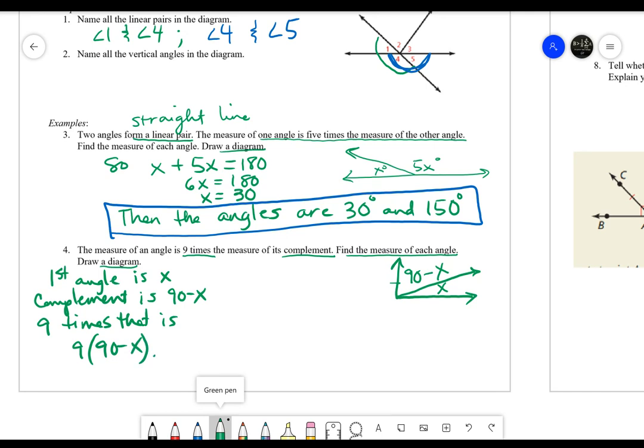I wanted you to know where this comes from, because we know that the complement has to add up to 90, and it says that the measure of an angle is equal to 9 times the measure of its complement. So the first angle is equal to 9 times its complement. Now I can solve for x.